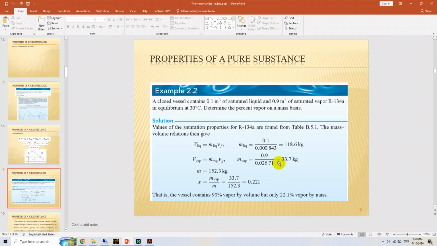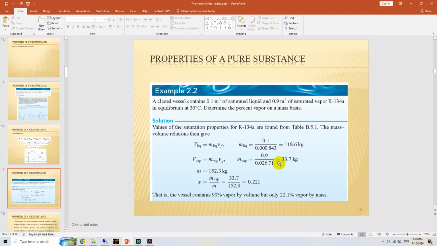The other example: a closed vessel contains 0.1 cubic meter of saturated liquid and 0.9 cubic meter of saturated vapor of R134a as a refrigerant in equilibrium at 30 degrees centigrade. Determine the percent of vapor on a mass basis.